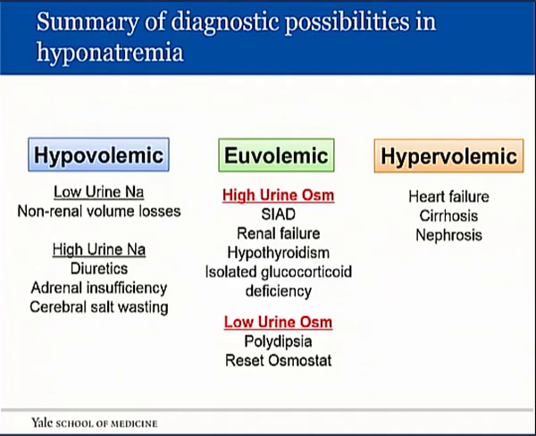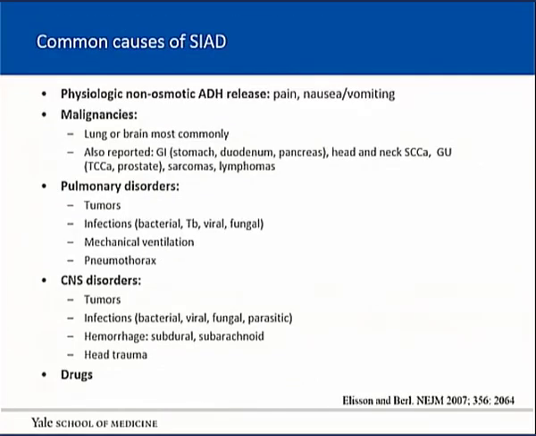And if the urine osmolality is high, then in most cases it's going to be SIADH, but it can also be patients with renal failure who are unable to excrete water, and cases of severe hypothyroidism, and the syndrome of isolated glucocorticoid deficiency, which in some series was pretty common, but I've been looking for it and have never found a case. I have never found a case of isolated glucocorticoid deficiency, despite looking for it pretty fastidiously.